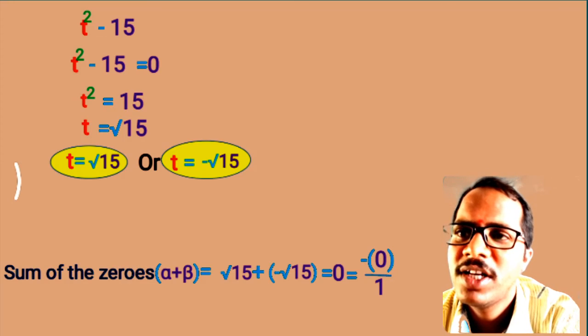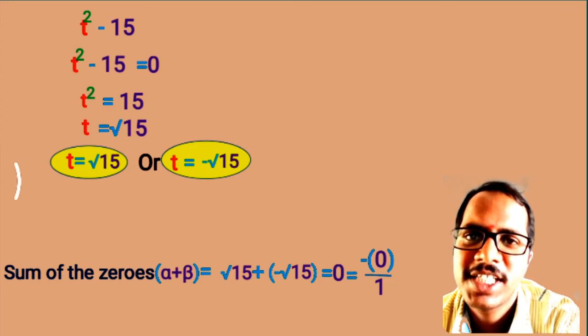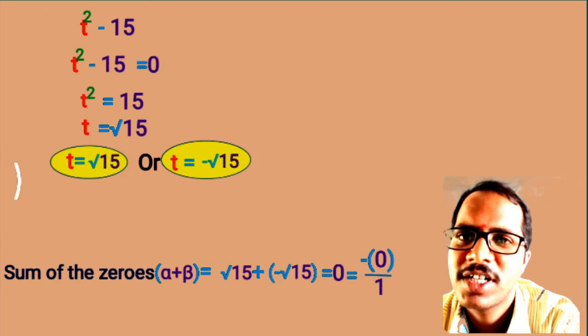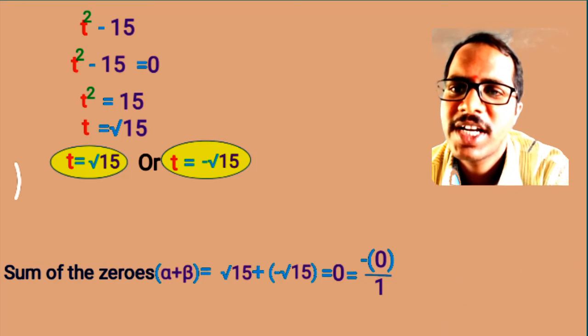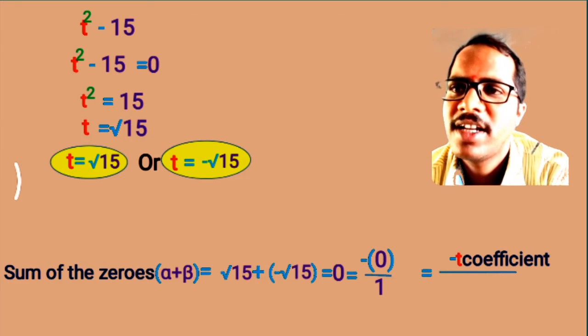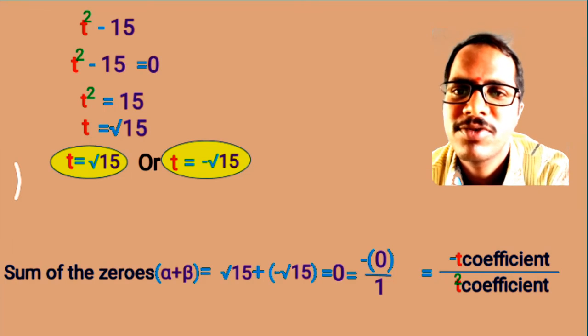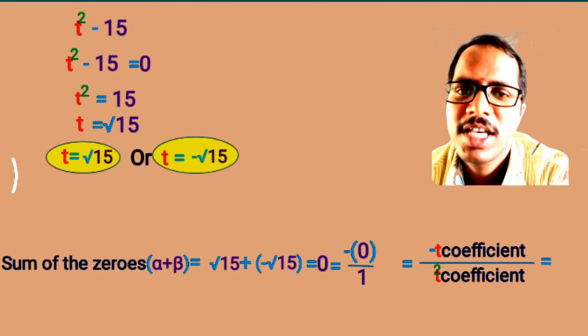So here 0 is the coefficient of t. The term with t is not given here, so we can take the coefficient of t as 0. So we can write this as minus t coefficient by t square coefficient, which equals minus b by a.